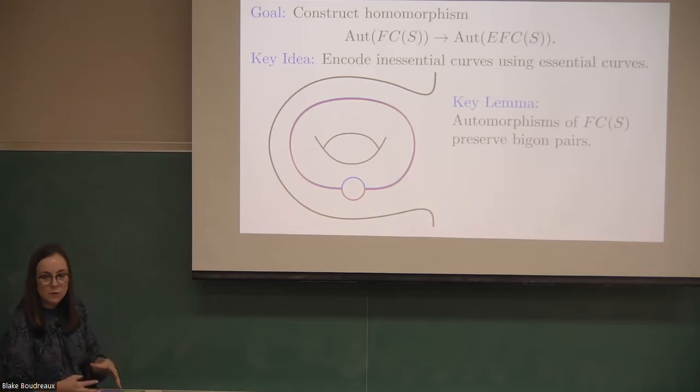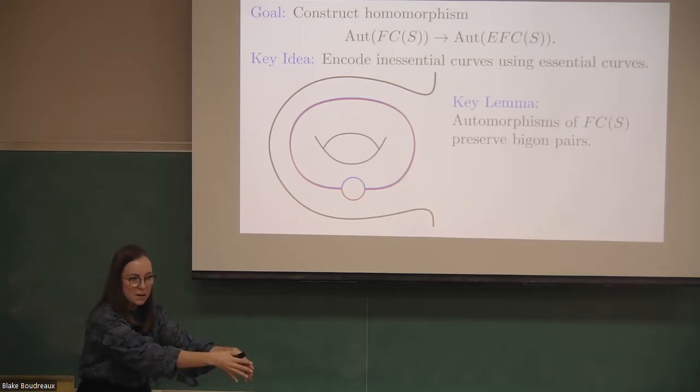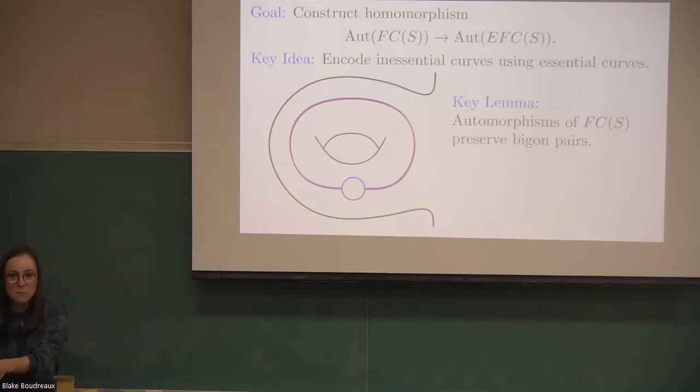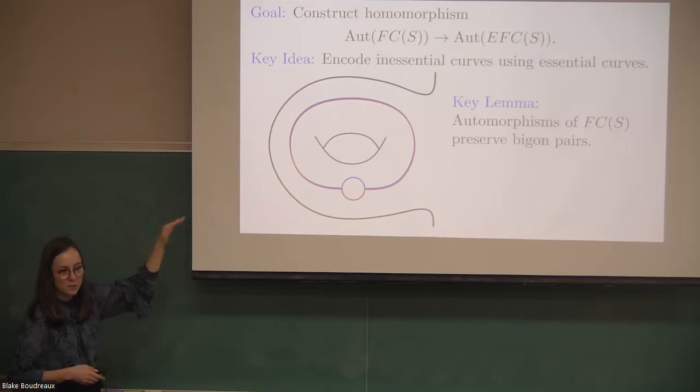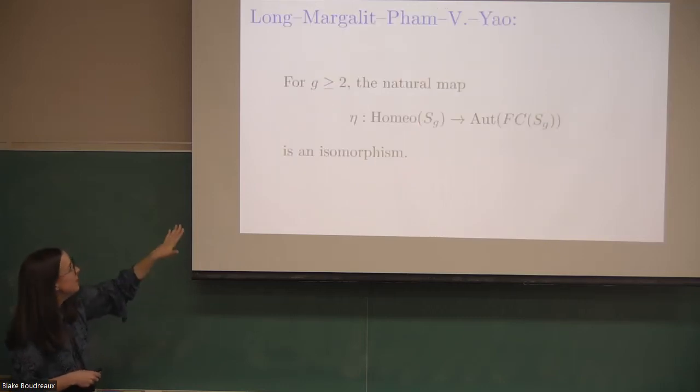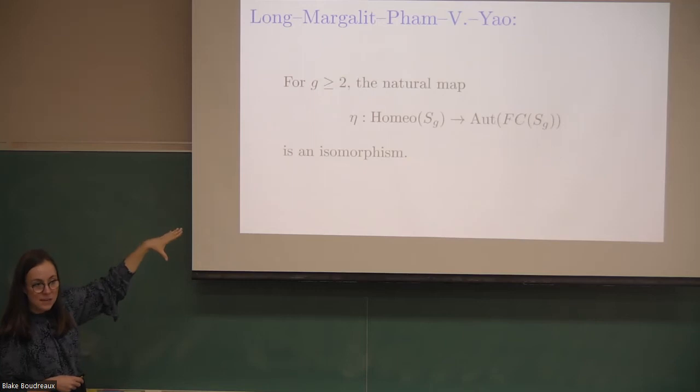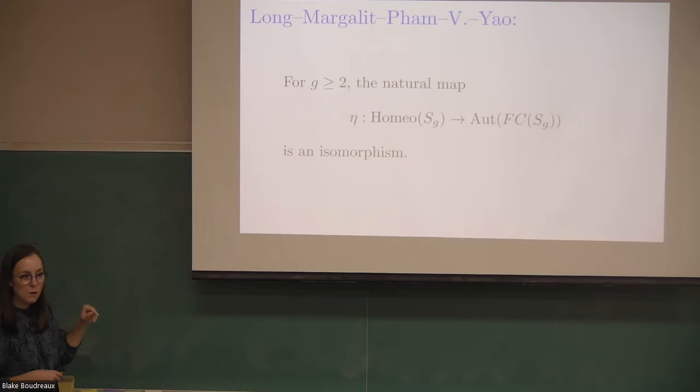So if we do an automorphism of our graph and we have a bygone pair here, then we're going to have a bygone pair in the image. So now an inessential curve is mapped to an inessential curve. So I'm able to define a homomorphism from the automorphisms of the fine curve graph to the automorphisms of the extended fine curve graph. That's how we end up showing, once we've composed all of these maps together, that for closed surfaces of genus at least 2, the natural map from the group of homeomorphisms of a surface to the automorphisms of the fine curve graph is in fact an isomorphism.